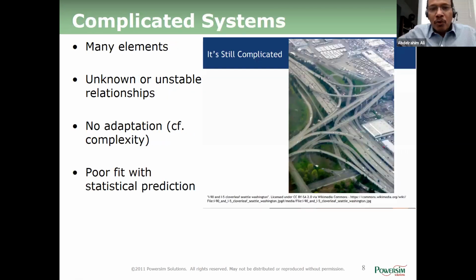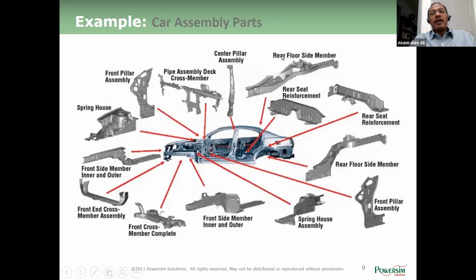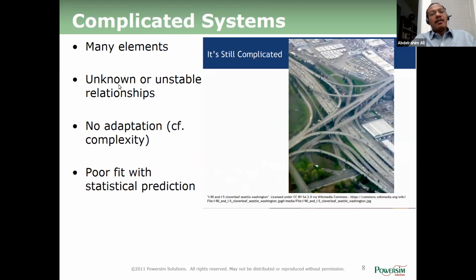In the complicated system, you have many elements, but the relationship between them may be unknown to you, or unstable. And the most important thing is that there is no adaptation. There is no flexibility in the system.